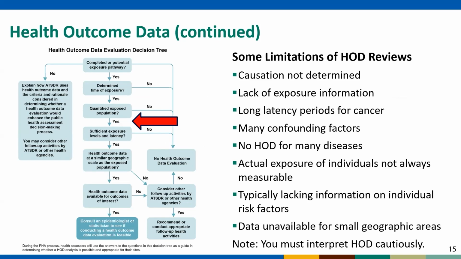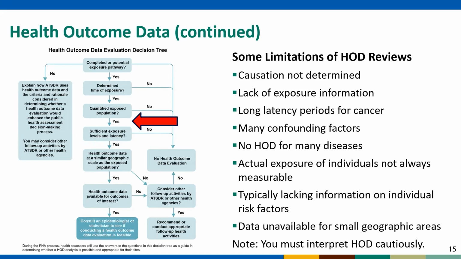When using this decision tree, the answer to all these questions needs to be yes to meet the criteria for conducting an HOD analysis. I would also note that another important factor is to determine whether we have a sufficiently exposed population to determine a statistical increase in a health outcome.